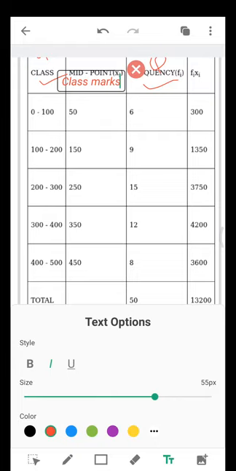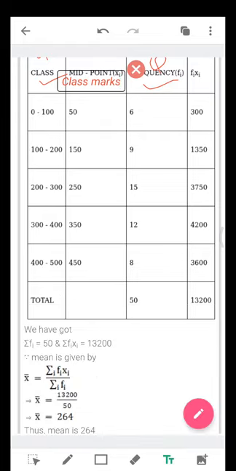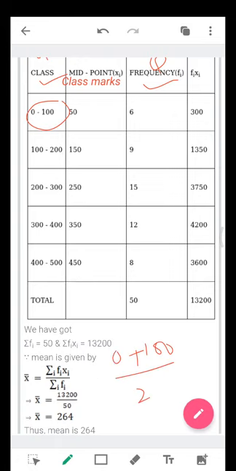So usually how do we find the class marks? We just add the lower limit and the upper limit, and divide by 2. That is, the lower limit in this case is 0, plus 100, by 2. That will be 50. So the 50 is written here.